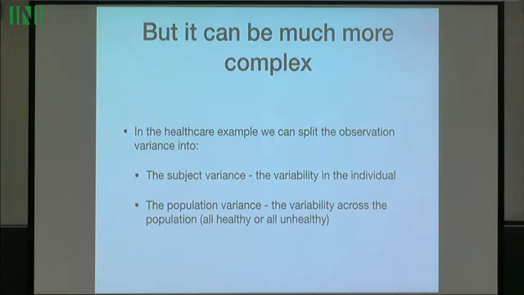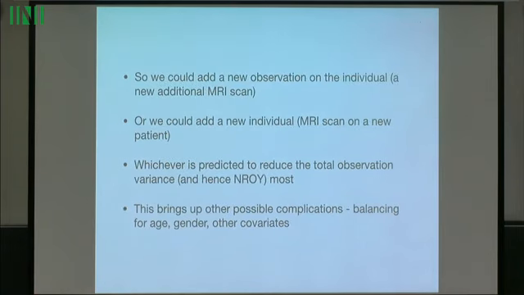We're interested in populations of people who are healthy or have the condition. So there's the variability across the population, and that gives us this point. Do I call in that individual for another MRI scan, or do I go and find another patient and take an MRI scan? And whichever is predicted to reduce that variance the most is what I would do.